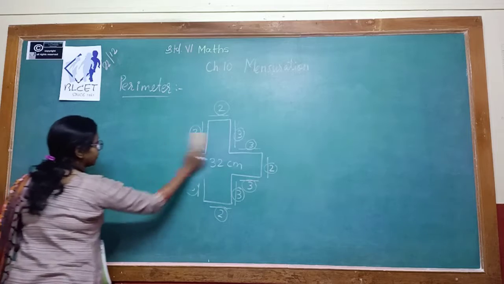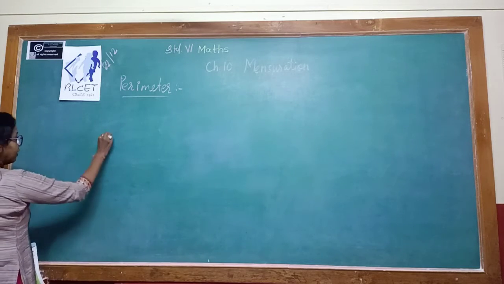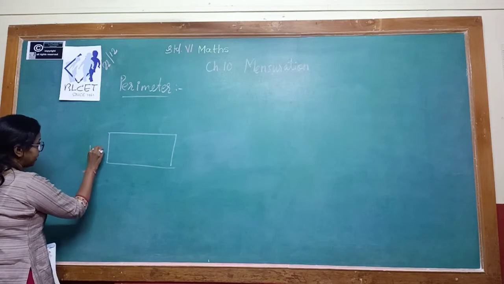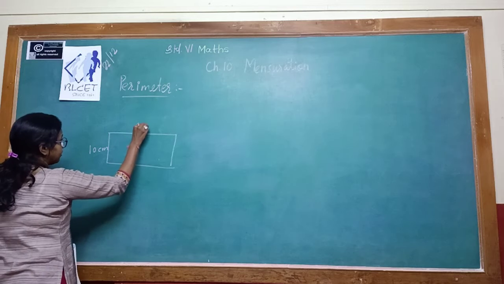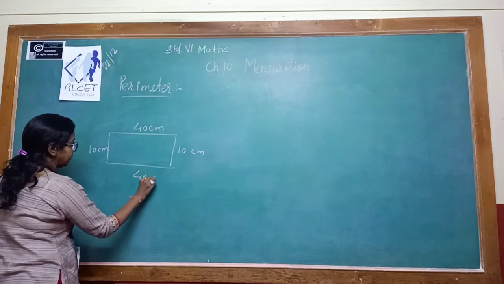I will solve the first question. It is very easy. You are given a rectangle. This side is 10 cm and this side is 40 cm, this is 10 cm, this is 40 cm.